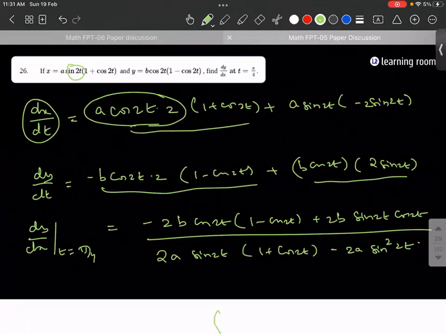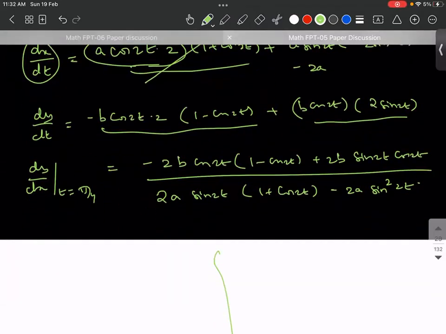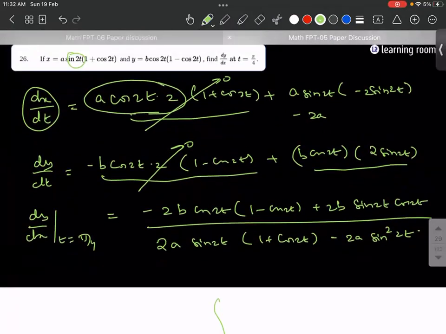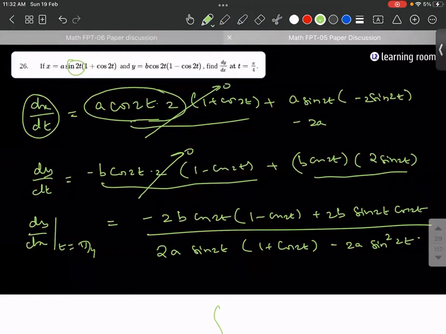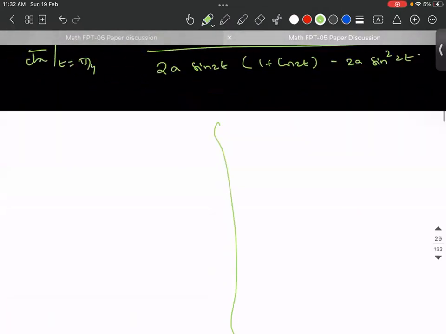So on substituting pi by 4, this will become 0. This will be minus 2a. On substituting pi by 4, this will be 0, and this is also becoming 0. Okay, let me do it again.